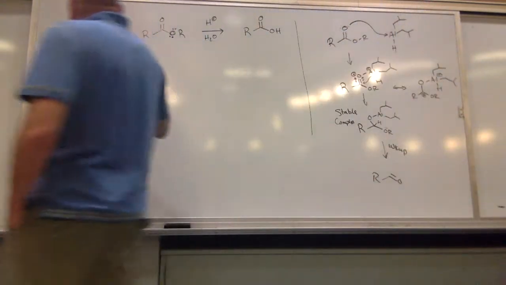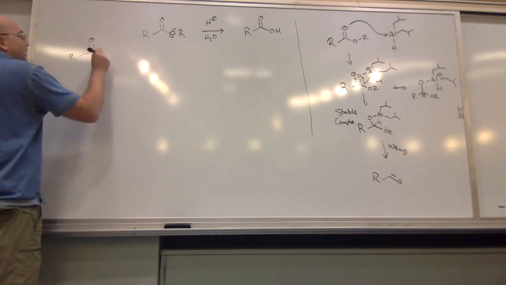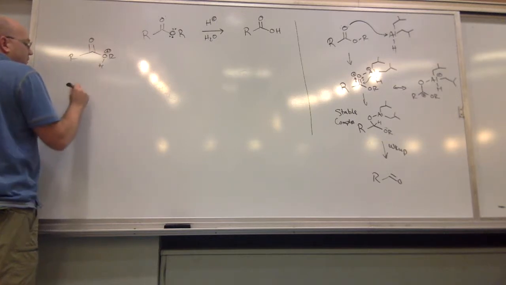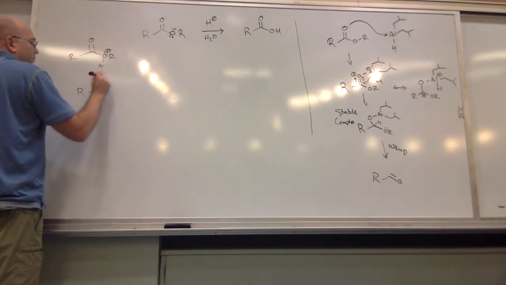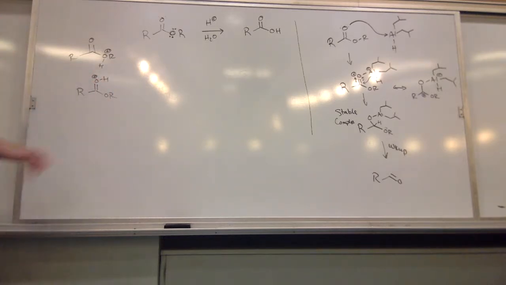Resonance. Yeah, exactly, right? If we think about the two options, which one of these is more stable? This or this? This one's more stable, because this one has resonance forms and this one doesn't.